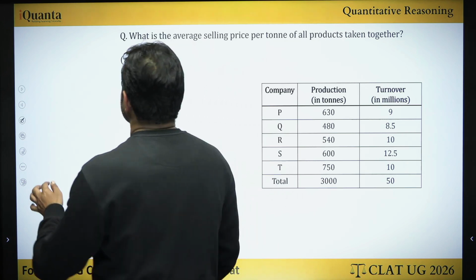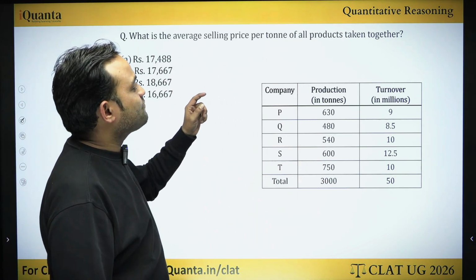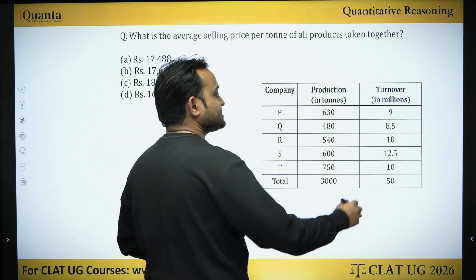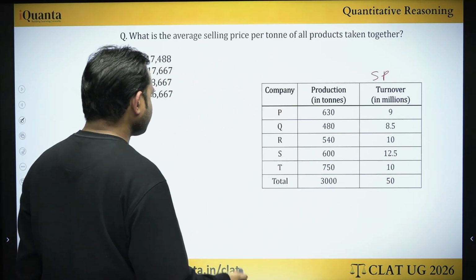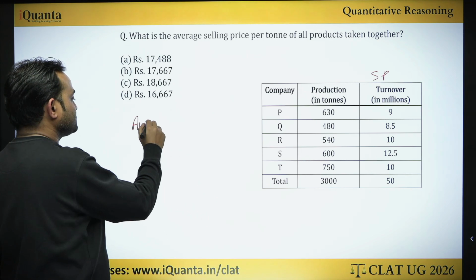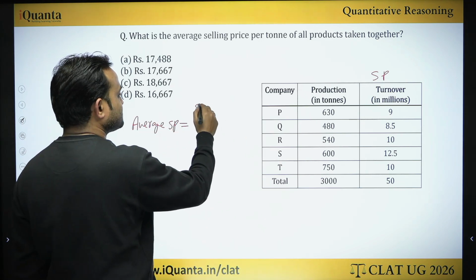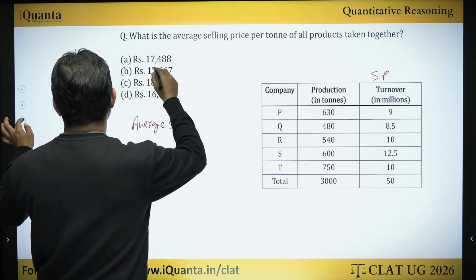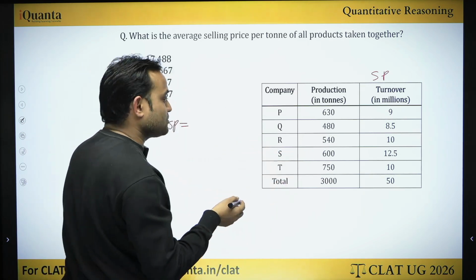Now next question. What is the average selling price per ton of all products taken together? Average selling price. What is selling price? This is our selling price, the turnover. Can we say the average selling price will be total selling price which is 50 million, the value given is in rupees, not in million rupees, only in rupees.